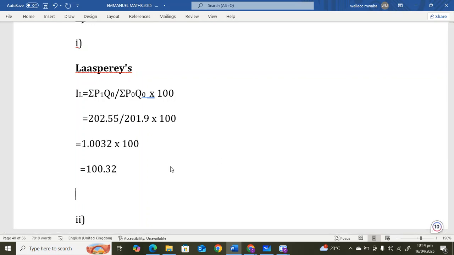Okay, so now this is what it means. Usually the index number for the base year is 100 always.